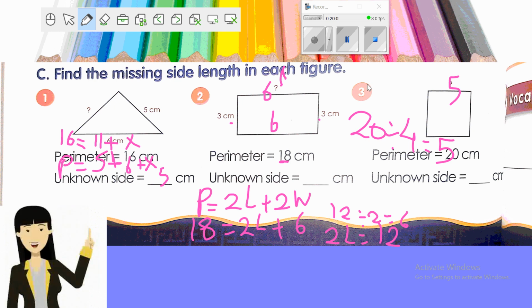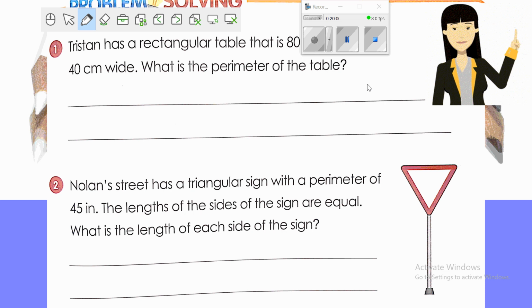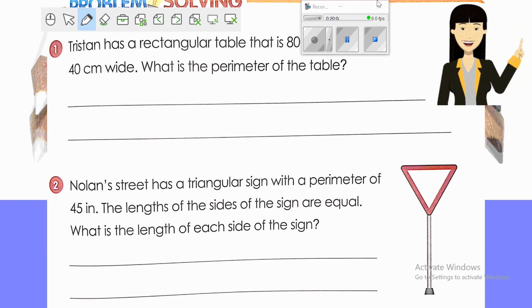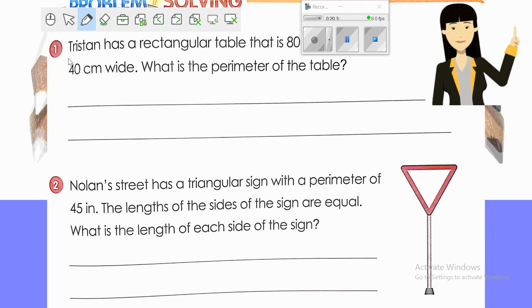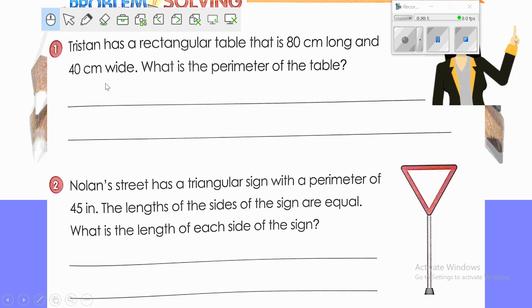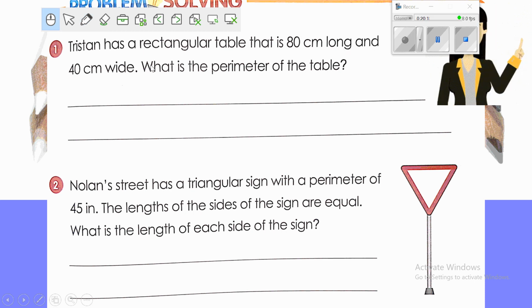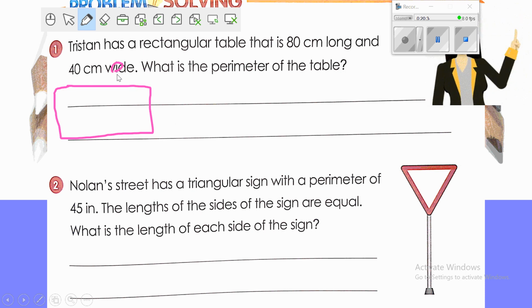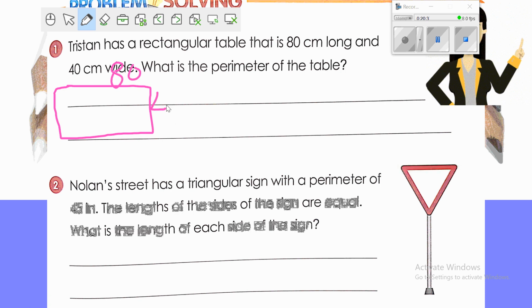Let's go here. Tristan has a rectangular table that is 80 centimeter long, 40 centimeter wide. What is the perimeter of that table? So it's a rectangle. Let's draw it. Here the length is 80, and here is 40.